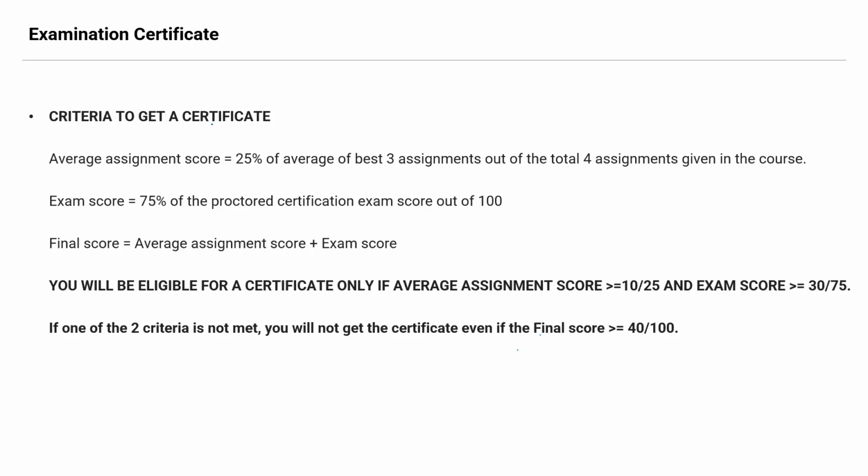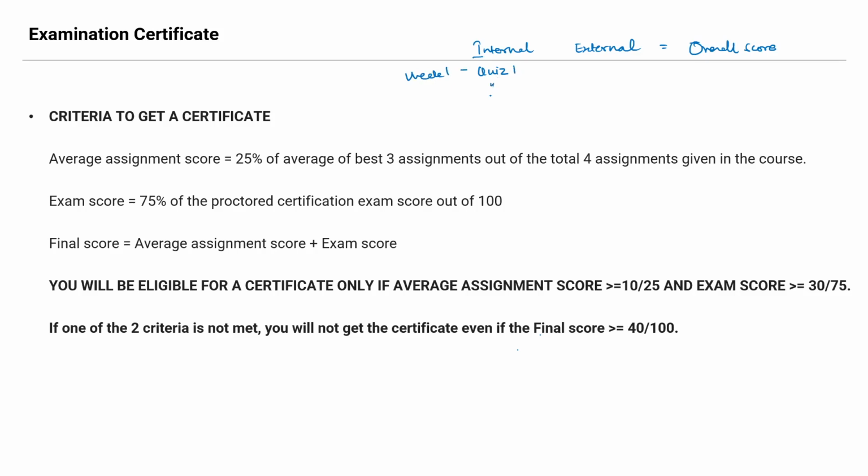Okay. Now, criteria to earn a certificate. Just like in university examination, there is an internal component and an external component, and this all sums up to your overall score. By internal, what we mean is the quizzes which you participate in. Like we said, for every week there is a quiz.